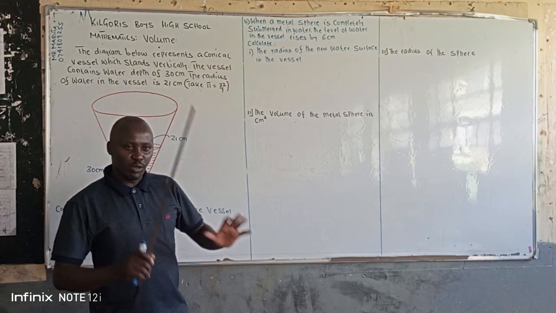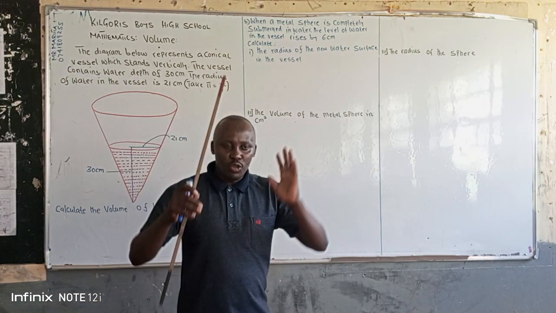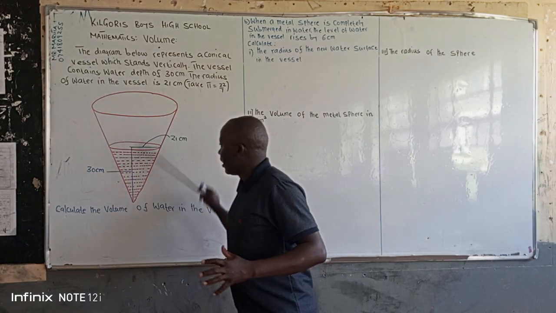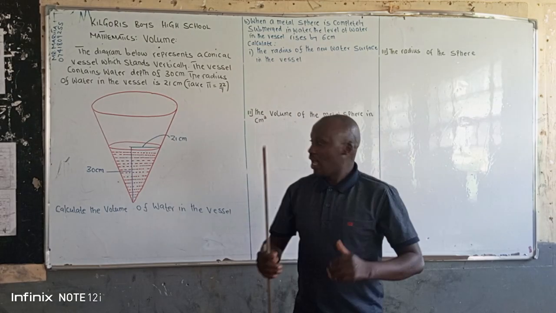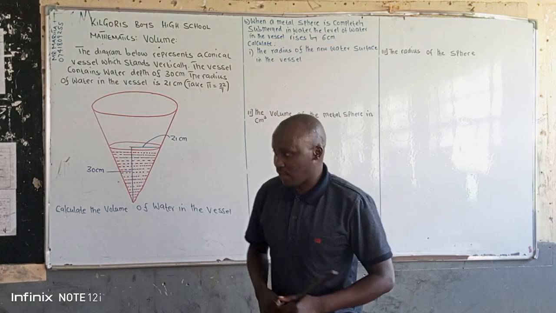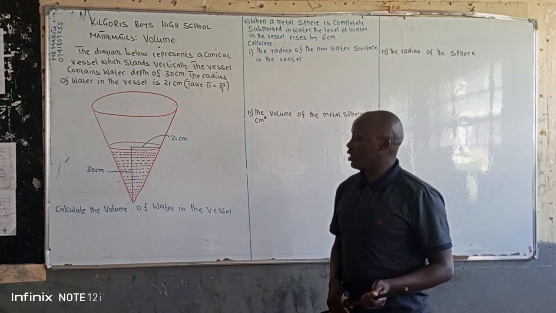So here you are supposed to understand two things: how to calculate the volume of a cone, because this facet is in the form of a cone, and also how to find the volume of a sphere. So the question was testing these two things.